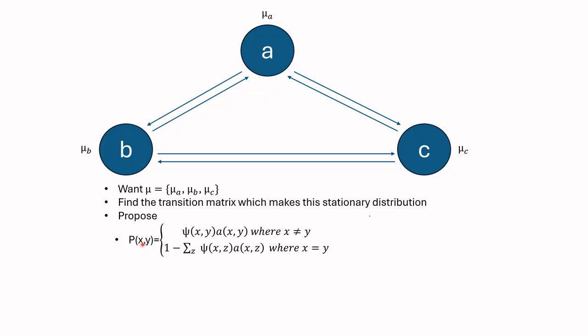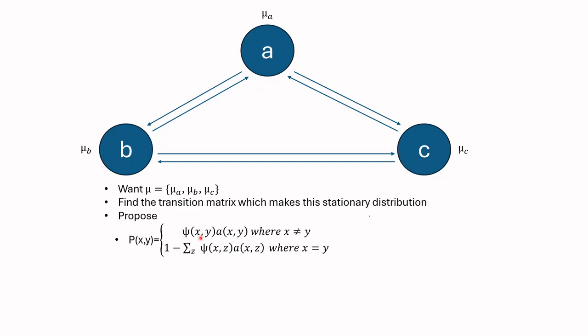So for example, if X was A and Y was A. And all this is saying is that the probability that you stay in the same state is 1 minus the sum of the probabilities of going to a state which is not X. So clearly this just represents the probability of staying in the same state. But really we're going to be concerned about this up here, this thing about transitioning to another state.